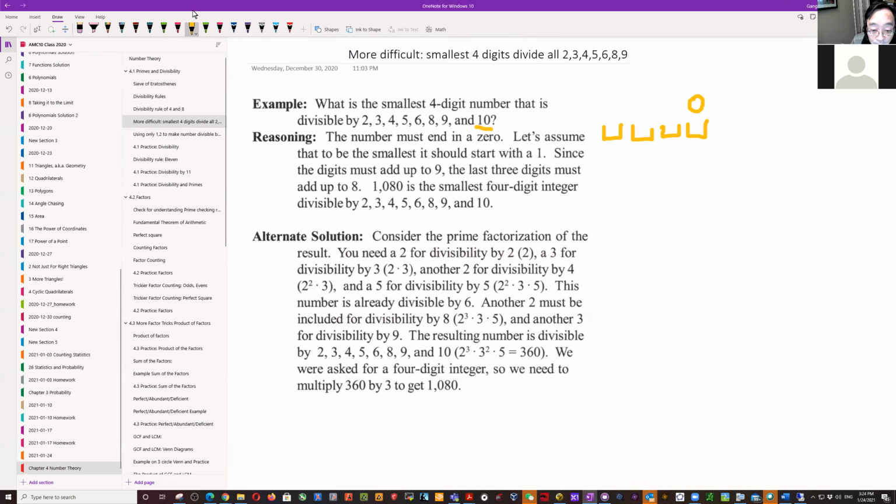Then basically we need to make sure of the strict rules, like divisible by 8 and divisible by 9, because 0 already meets the 2 and the 5. So if you meet 8, you actually meet 4.